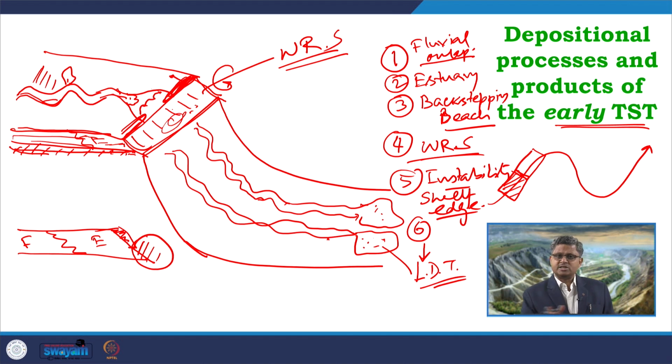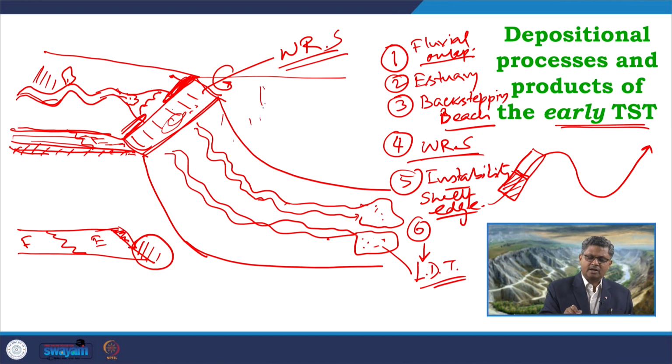And when this process is going on, this zone, this area is apparently devoid of any sediments. So, in this part what we expect? Deposition of, say here the water level is significantly high. So, from here gradually the fine grain sediments which are available in suspension, they will start getting deposited.